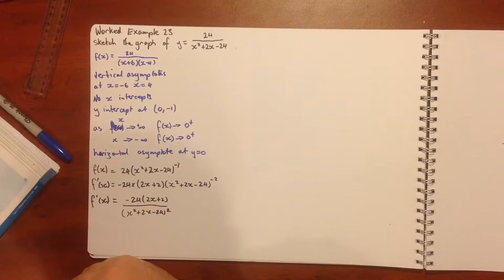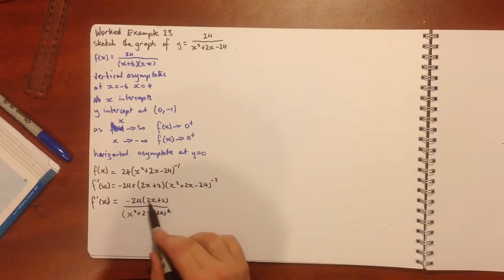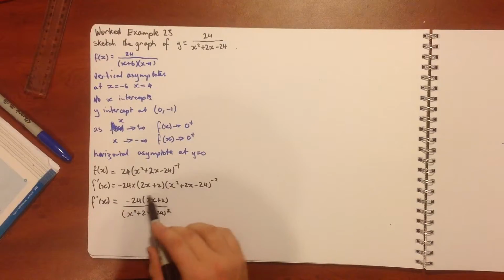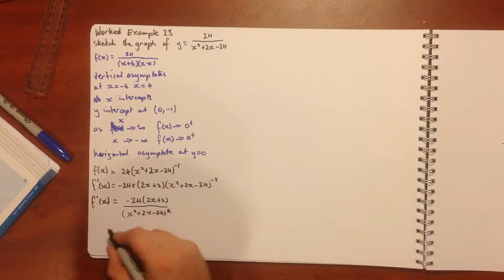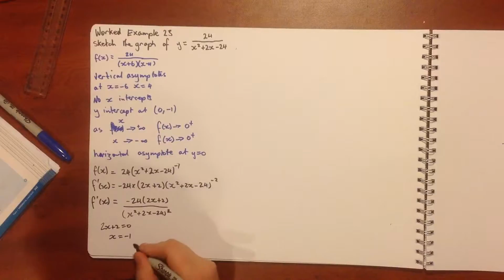Stationary points occur when the gradient is equal to 0. Well, this is going to be equal to 0 when this part is equal to 0, not when this part is equal to 0, because when this part is equal to 0 it's undefined. So we want when this part is equal to 0. Basically we're saying 2x plus 2 equals 0, so that means x equals negative 1.